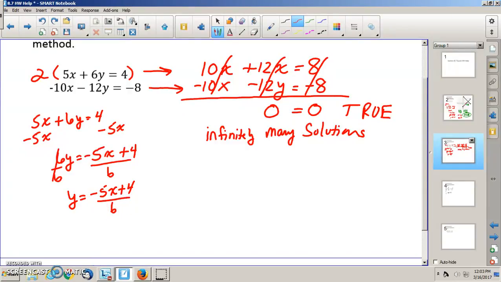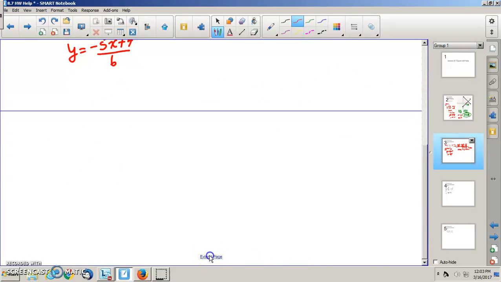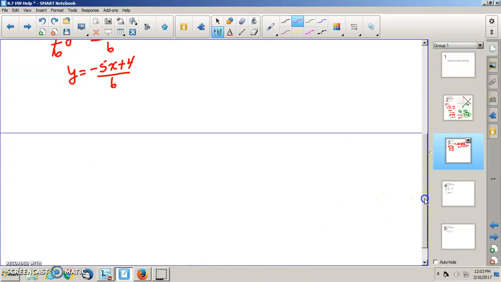But for graphing purposes, you would write it as negative 5/6 x plus 4 over 6. This is not required in the problem, but I just want to show you what's going on here.